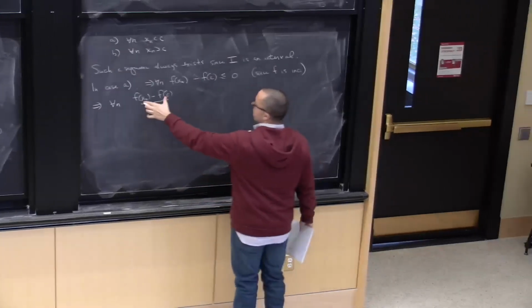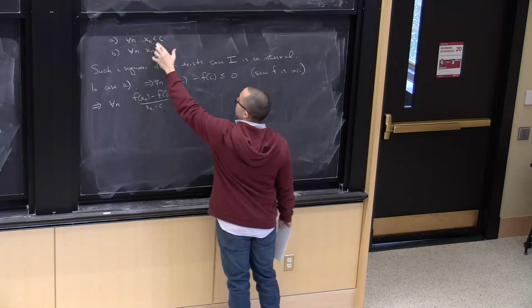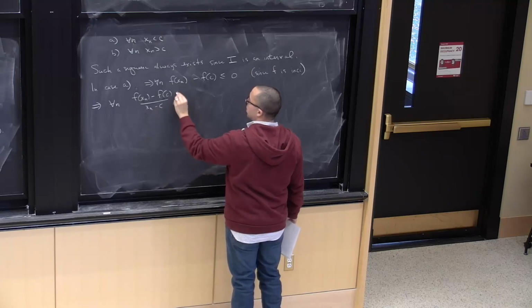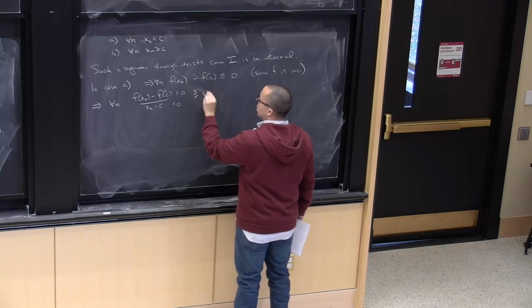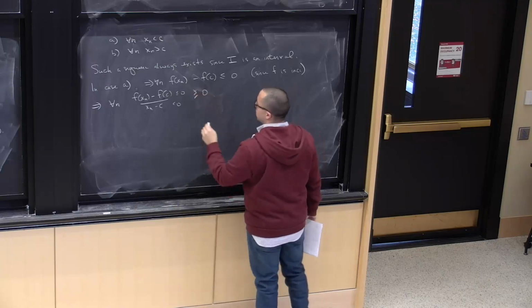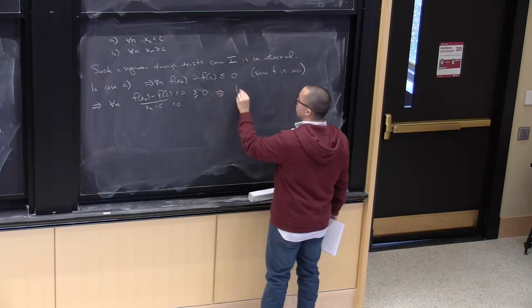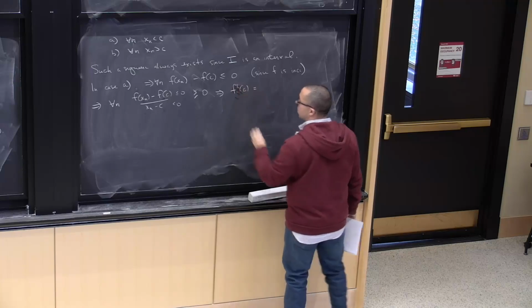Now, this thing on top is negative. xn is less than c, so this thing on the bottom is also negative. And therefore, this thing is non-negative, and therefore the limit must also be non-negative. But that limit is just the derivative evaluated at c.